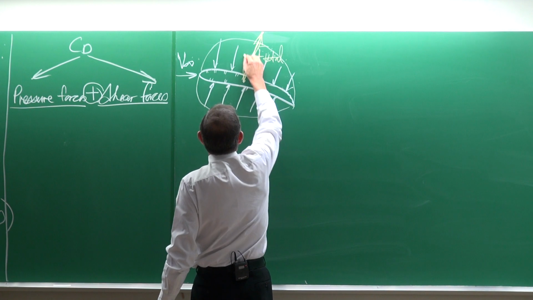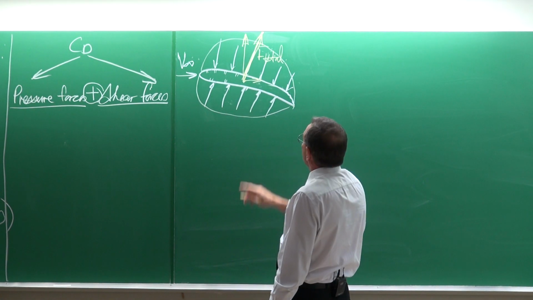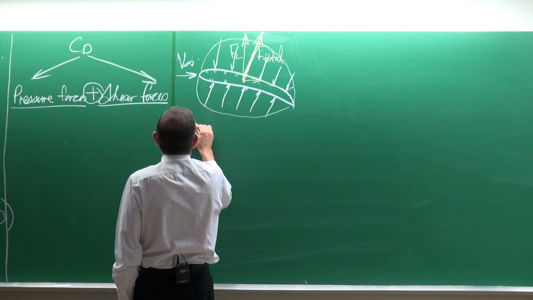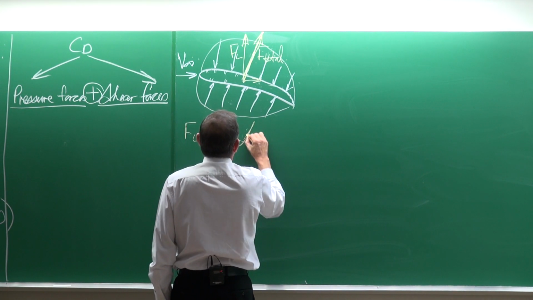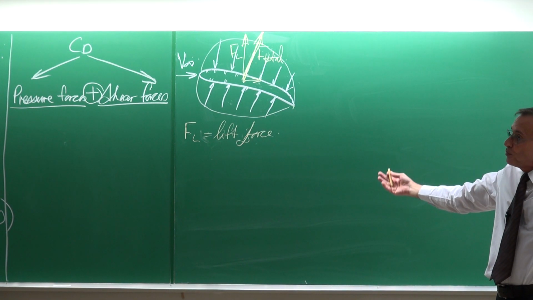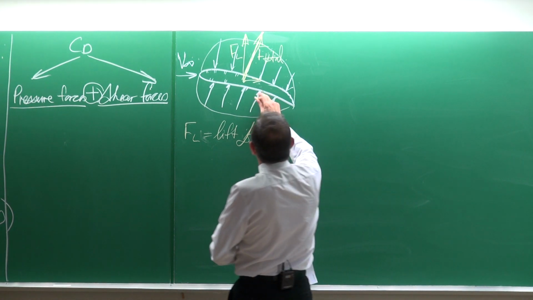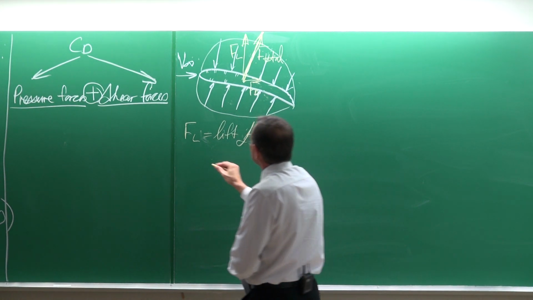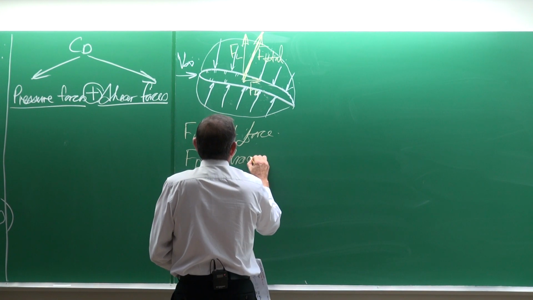It has a component there and a component there. This component will be FL, and FL would be the lift force. That's the important one, keeping the aeroplane in air. And this one here is the drag force, FD. The lift force and the drag force.